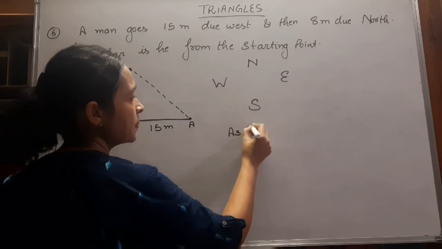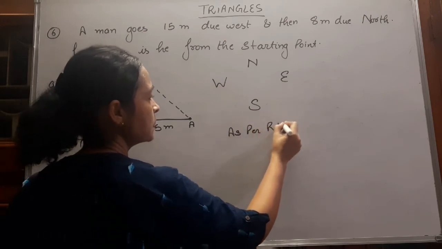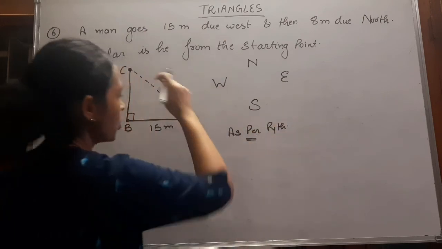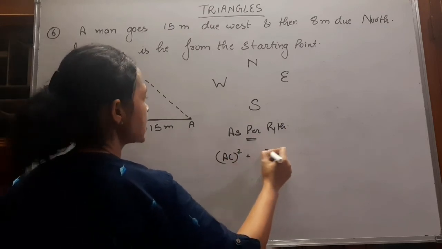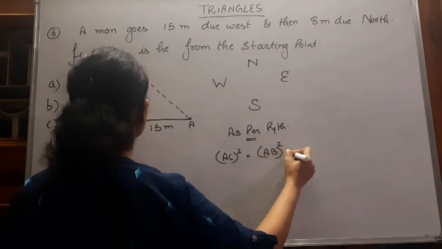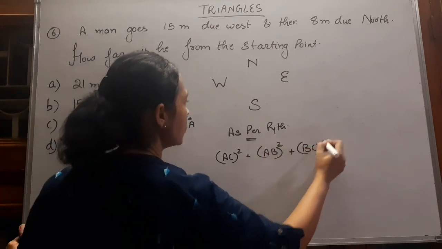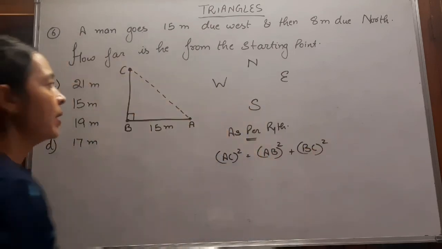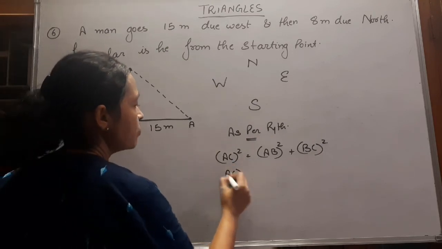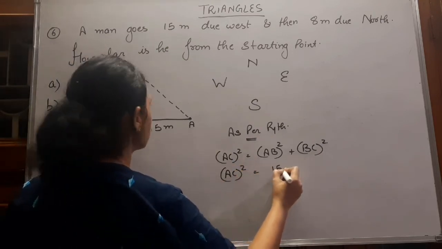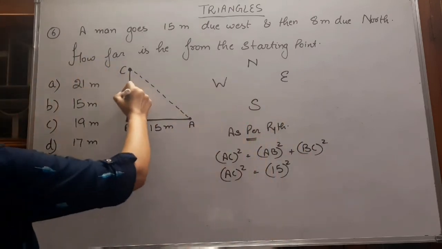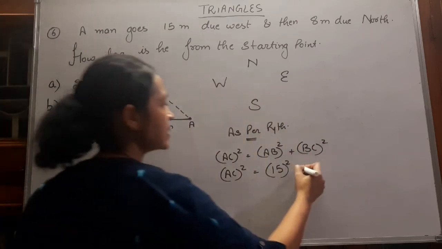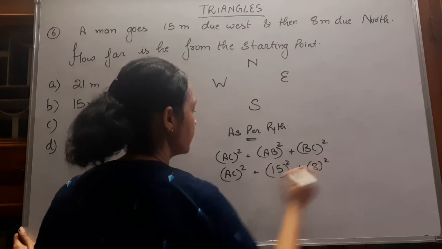As per Pythagoras theorem, hypotenuse whole square, which is AC square, equals base whole square, AB square, plus perpendicular whole square, or we can write it as height. AC square we have to find. AB is 15 meter, square. In the north direction he went 8 meter, plus 8 whole square.